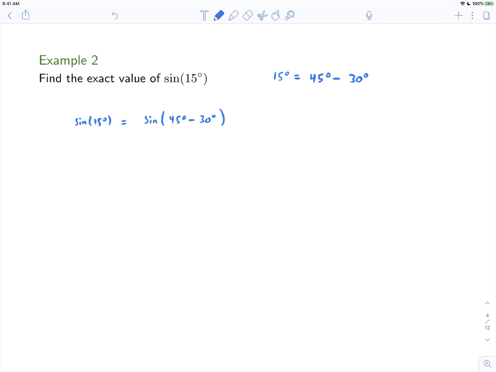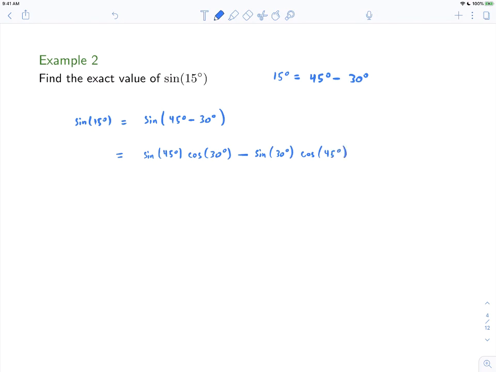So we want to use the difference formula for sine. So that's going to be sine of 45 degrees times cosine of 30 degrees. And now sine preserves the sign, so this is still going to be a minus sign. Now it's going to be sine of the other angle, which is 30 degrees, times cosine of the other angle, which is 45 degrees.